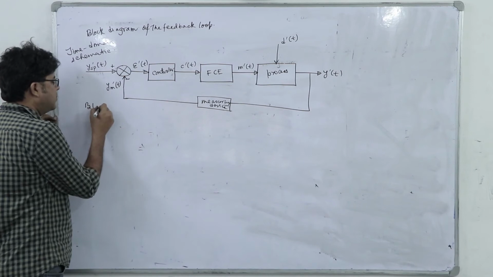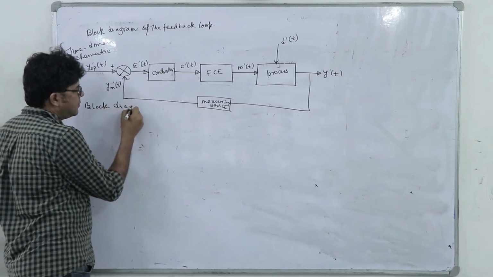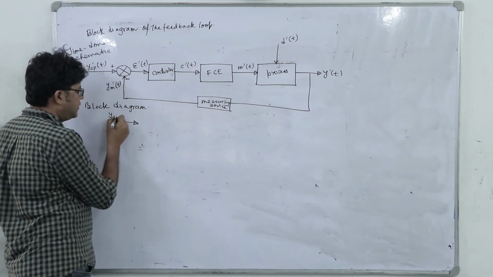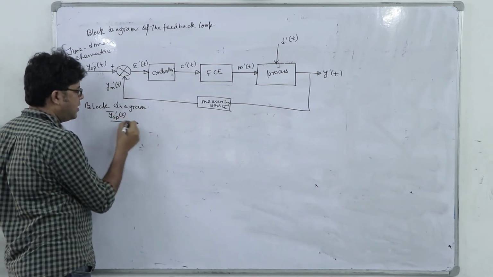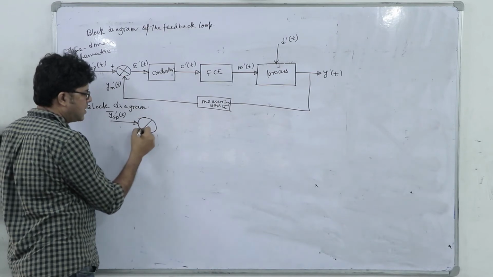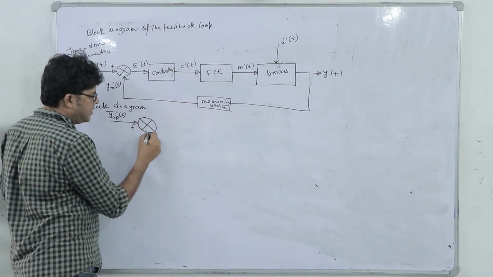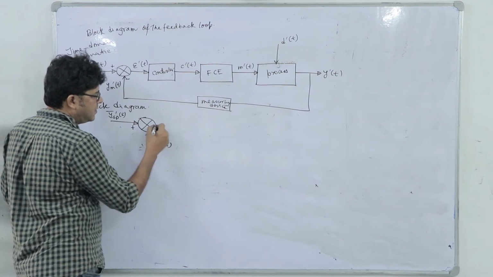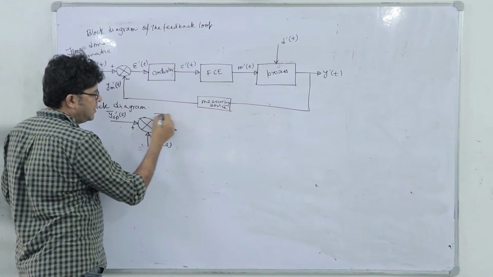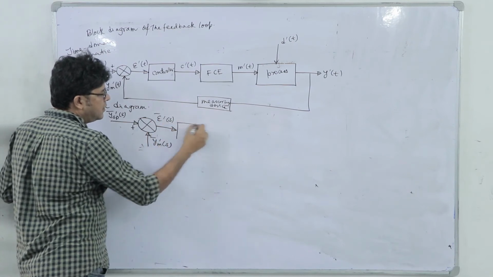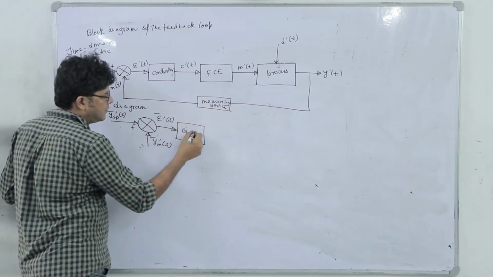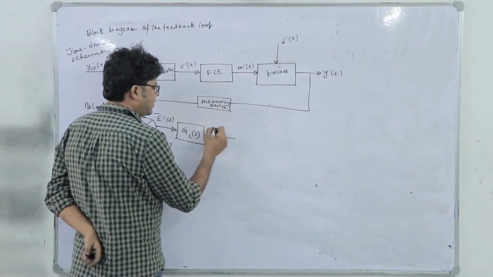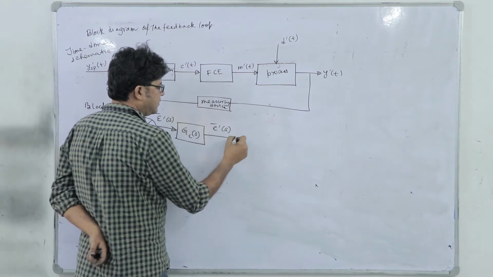So the block diagram, what will change? Here it is Ysp prime bar s, which goes to the comparator, right. Here it is Y prime bar s producing the error signal epsilon prime bar s, going to the controller block with the transfer function GCS as I mentioned, producing C prime bar s.